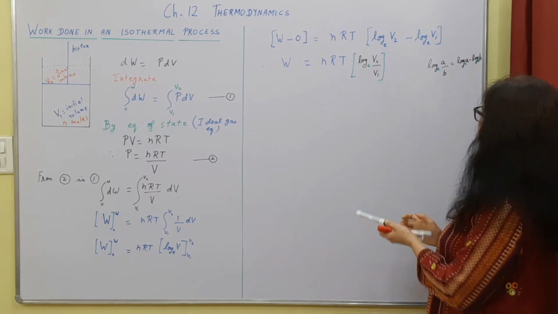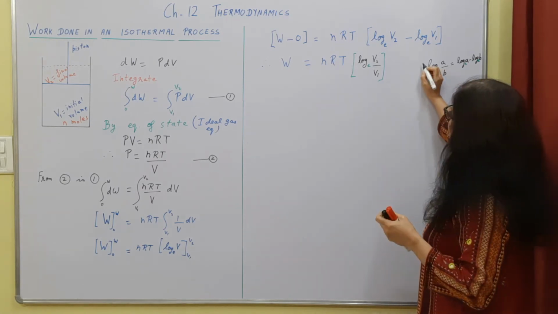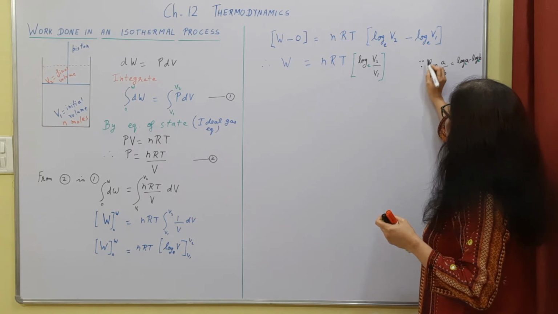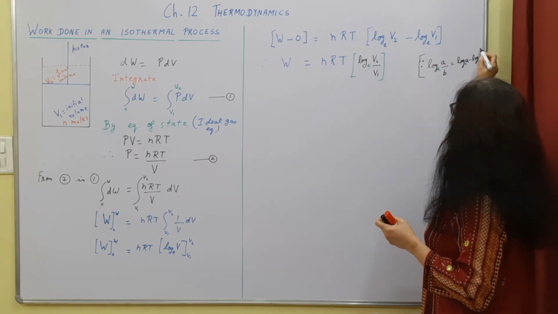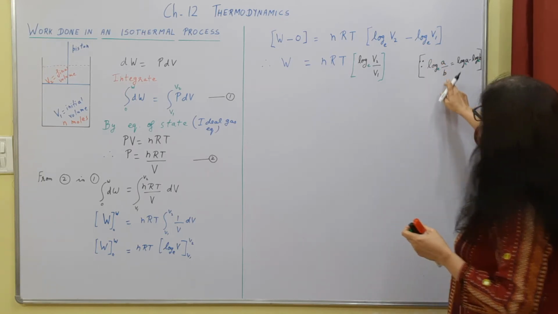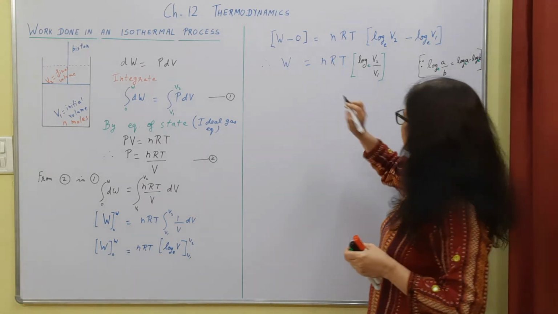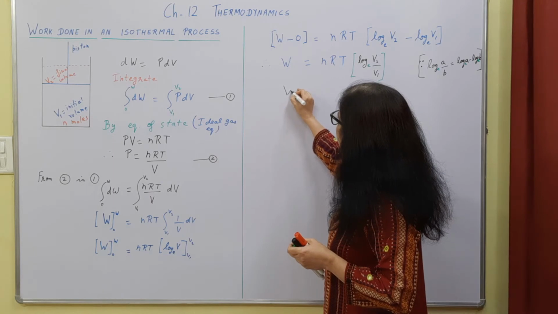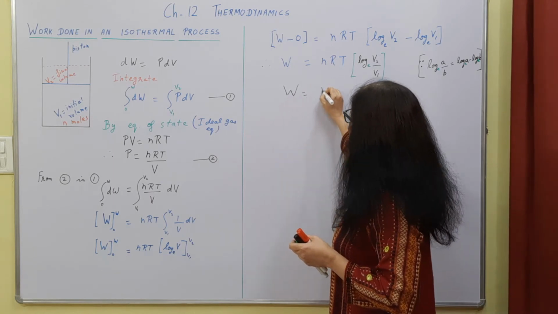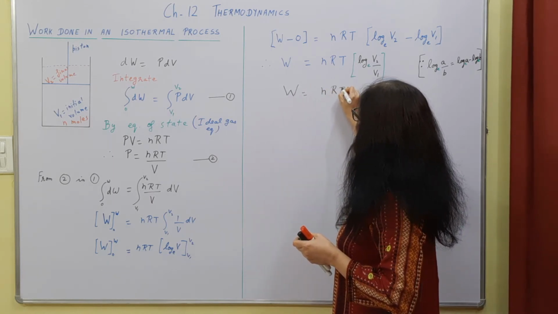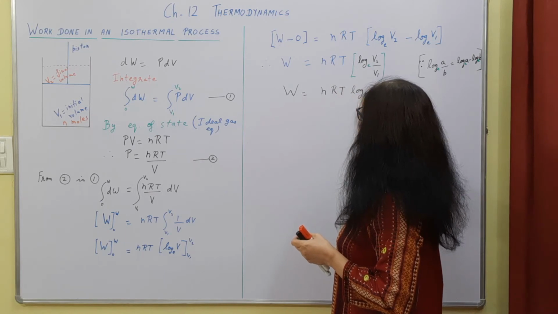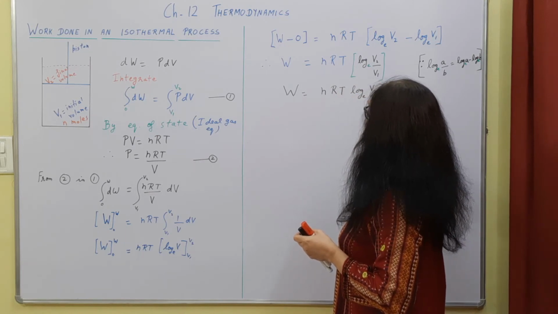And this is the reason, which is the formula which we have written, since log A upon B is equal to log A minus log B. So this we have placed here. So this W becomes nRT log V2 upon V1.